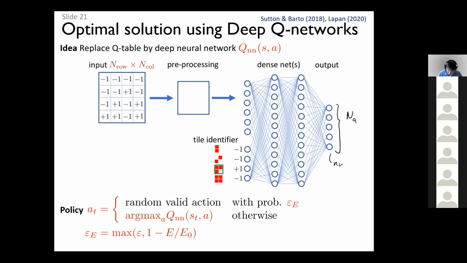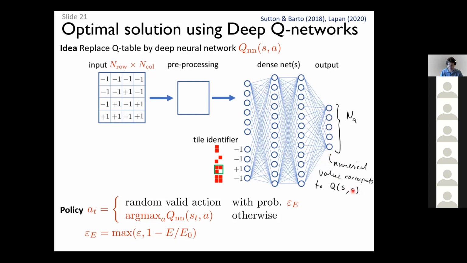So numerical value corresponds to Q for a given state S. So for any S, we will get some output numbers. So we get a Q of S, and the action is the different indices here.